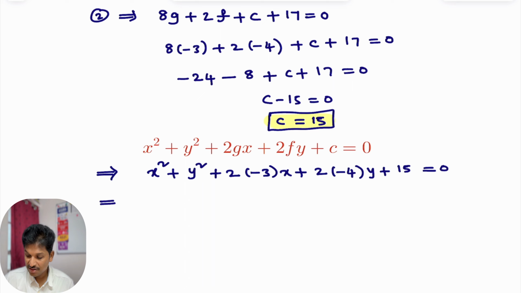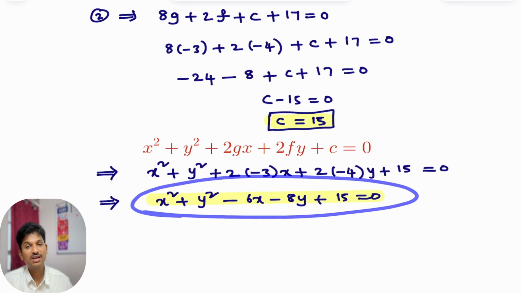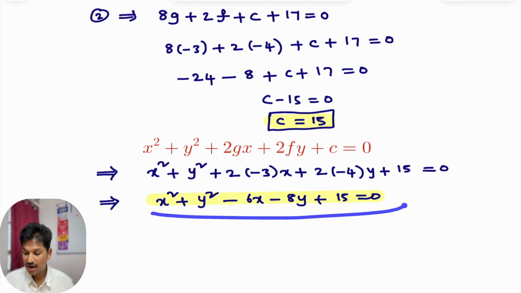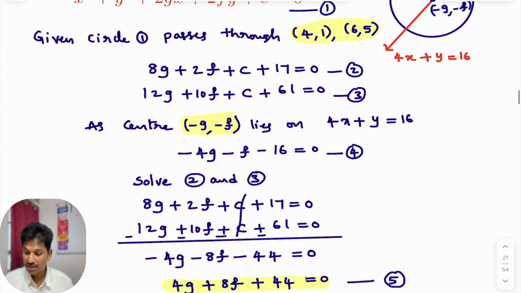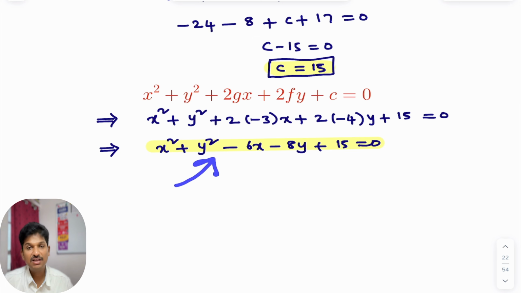Now, you simplify this, you will get the required circle equation x square plus y square minus 6x minus 8y plus 15 equal to 0. This is the required equation of a circle. This circle 100% passes through the given 2 points. If you have any doubts whether we got the correct answer or not, when you substitute these 2 points in this circle equation, it must and should satisfy, right?